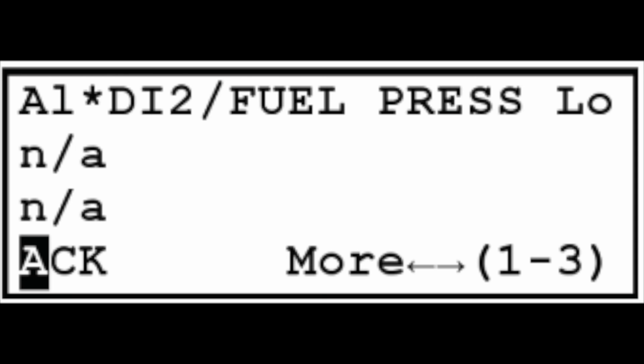The AL indicates it is in alarm, and the little star indicates the alarm has not been acknowledged. The D12 fuel press message indicates it is a fuel pressure alarm. D12 was indicated in the text by the user to indicate it is digital input 2. The low indicates the alarm was tripped because the input value fell below a set threshold.